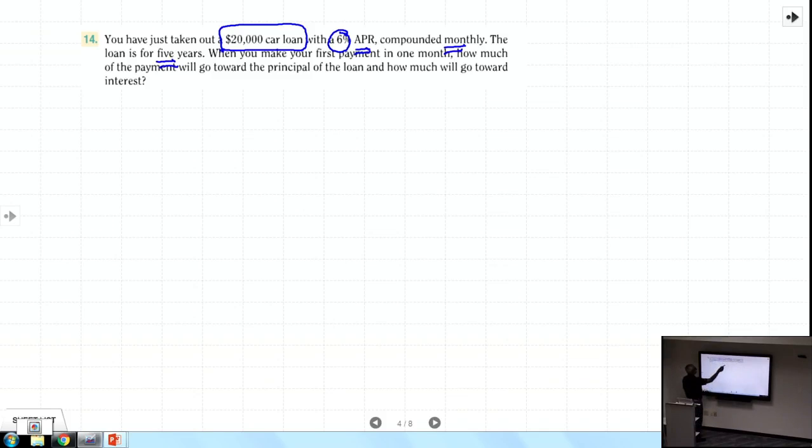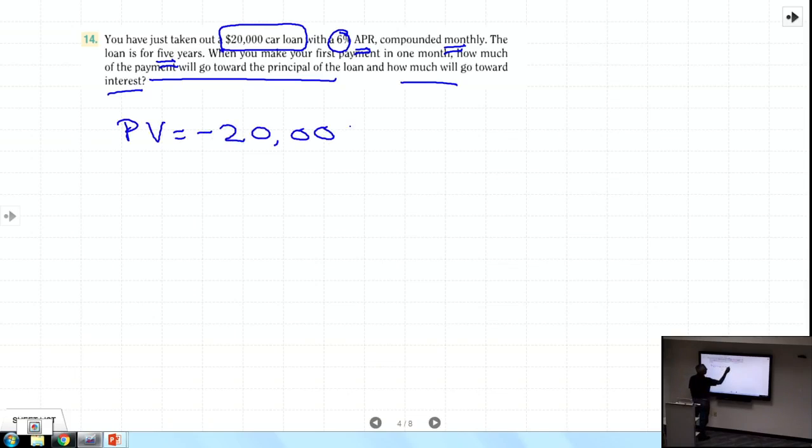When you make your first payment, how much of the payment will go towards principal and how much towards interest? So the first thing we have to calculate is the monthly payment. So essentially, you have a $20,000 car loan, so your present value is minus 20,000. Again, minus just for the calculator convention.